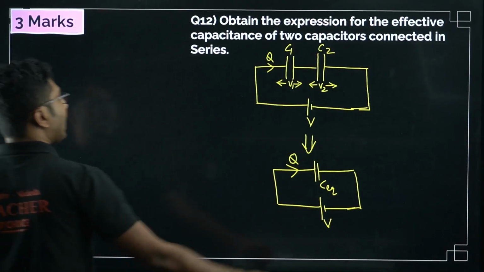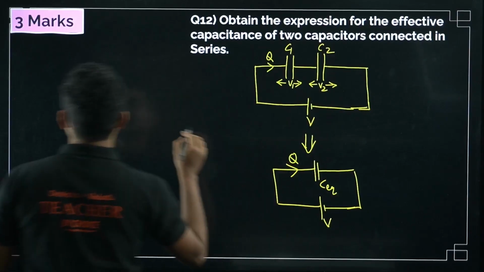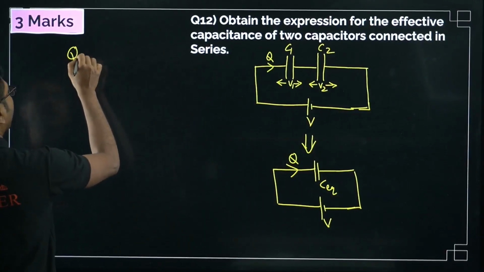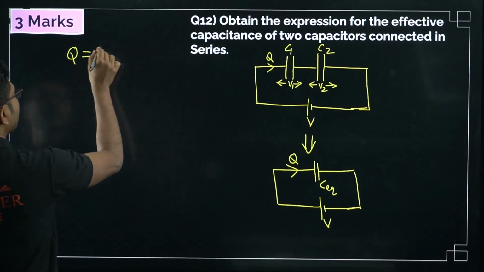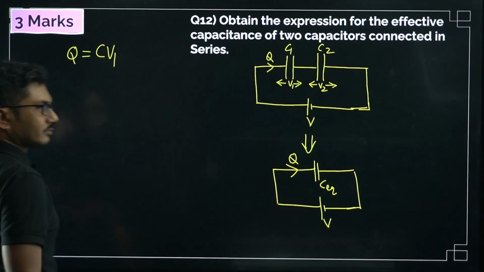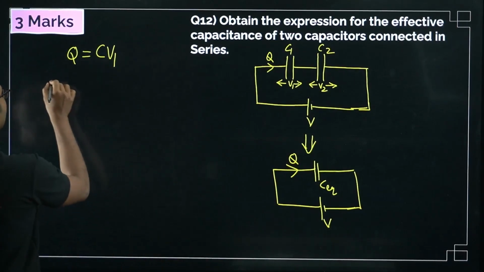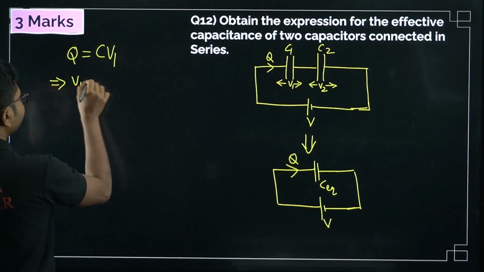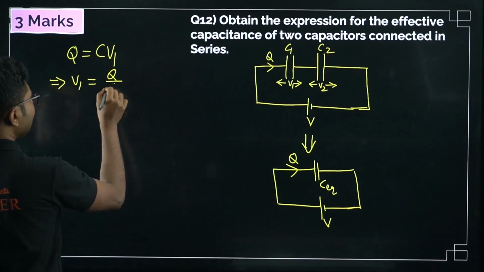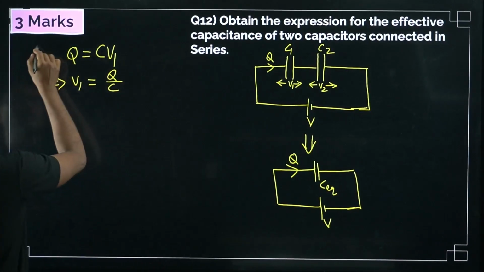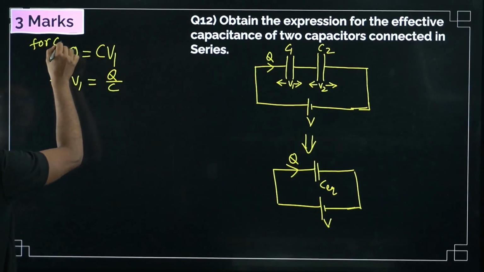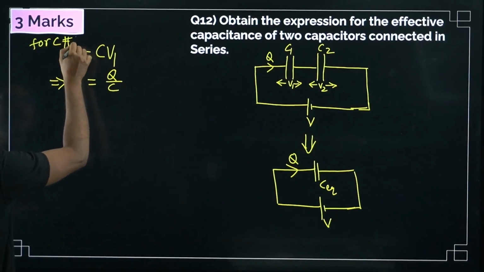Now if we apply the normal law, Q equals C V1, that is V1 equals Q by C1. This is for capacitor 1.